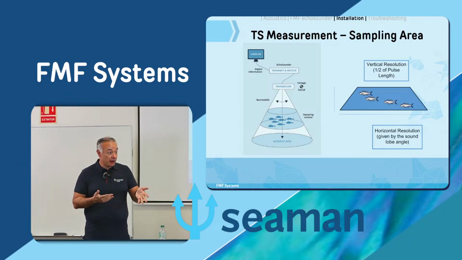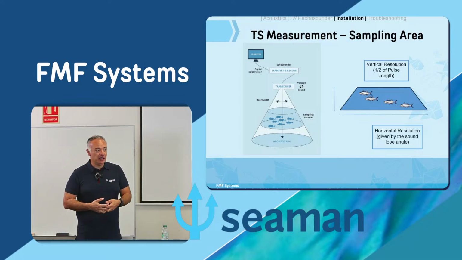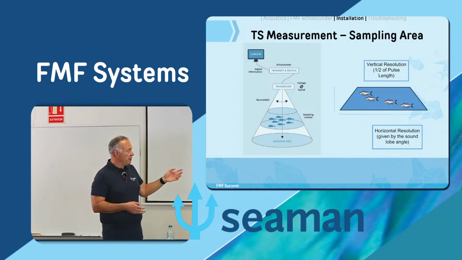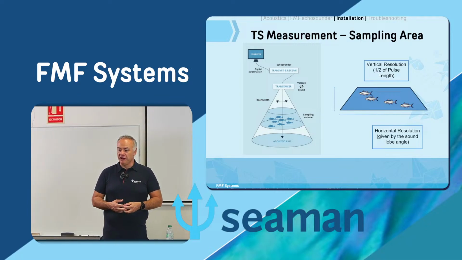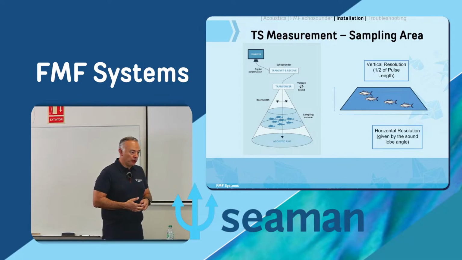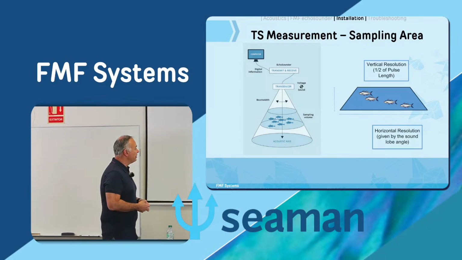We did it. You've seen a demo in the exhibition at Navalia, in which we were measuring fish at more than 400 meters. So it's possible. It's not that it's not possible, but it's very difficult.